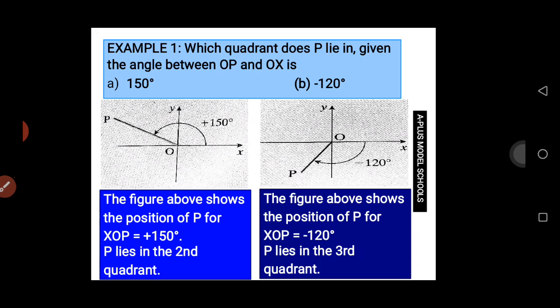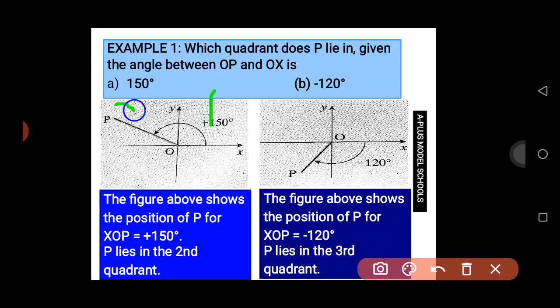So, example 1 now. Which quadrant does P lie in, given that the angle between OP and OX is 150 degrees? I'm given 150 degrees, so I'll first locate where I can get 150 degrees using my quadrants, because the question says which quadrant. I already have the first, second, third, and fourth quadrants.